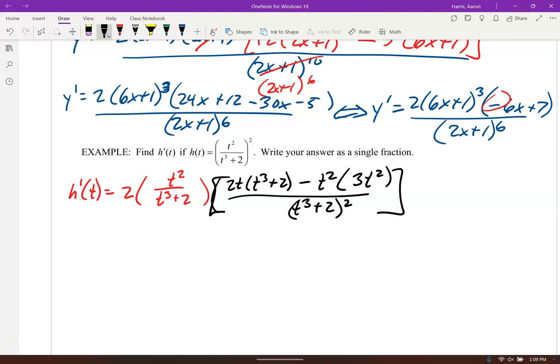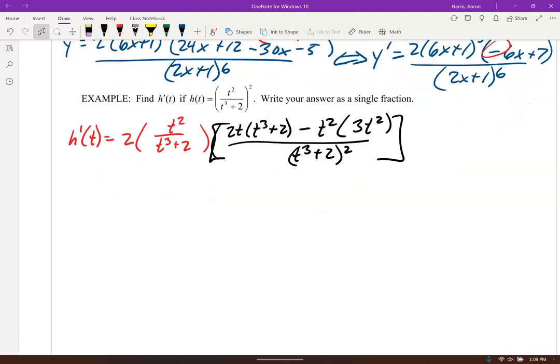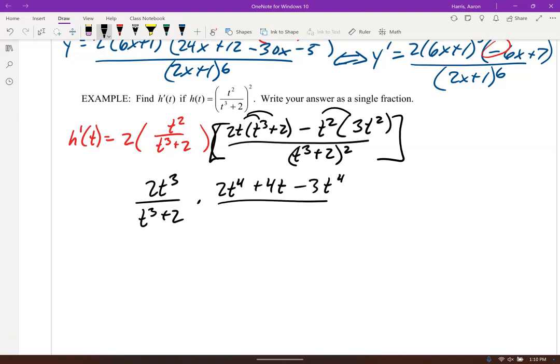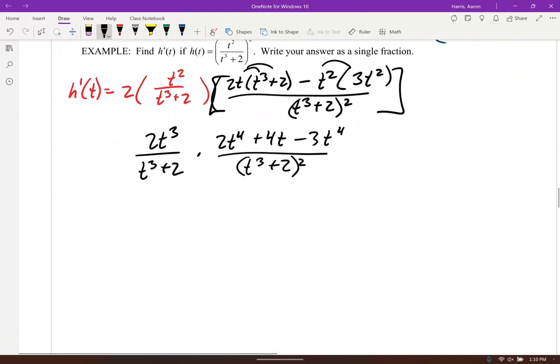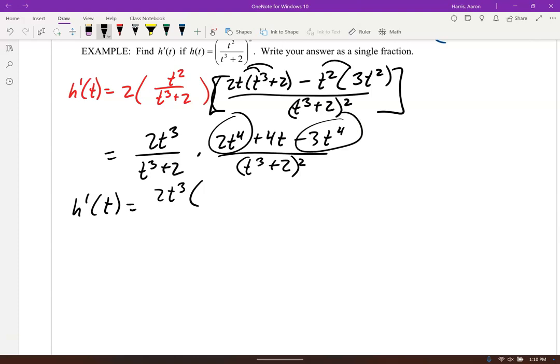So then it's just a matter of cleaning this thing up. So I got 2t squared over t cubed plus 2 times 2t to the fourth minus 3t to the fourth.